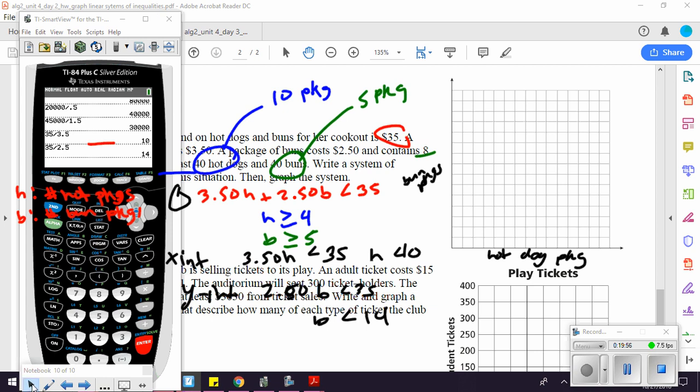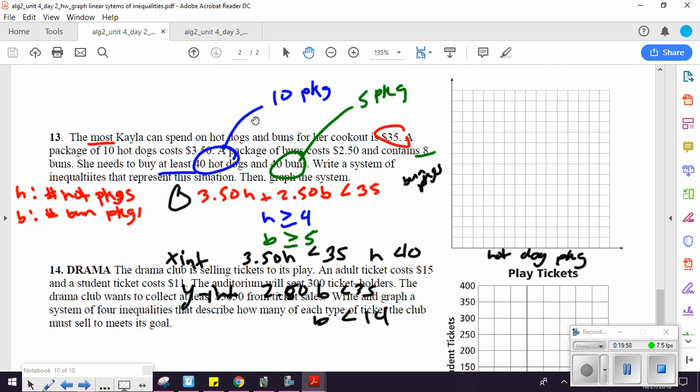So my y-axis needs to get as large as 14. Let's see how many singles we have. 1, 2, 3, 4, 5, 6, 7, 8, 9, 10. Okay, yeah, we have enough. I'll just count every two. And for my x-axis, I'm going to count every two as well.